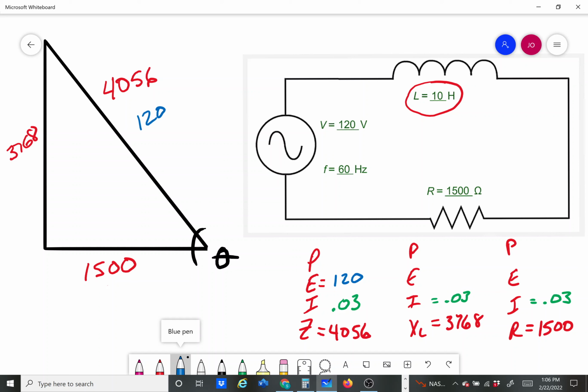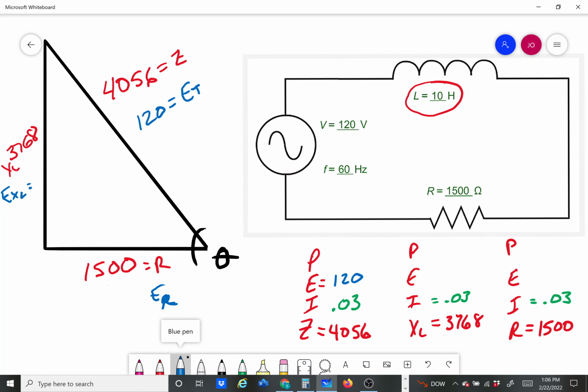So this 4056 is because of impedance, and this is XL, and this is R. This one here is E total, or source voltage. So now I'm going to have my resistive voltage here, and my reactive voltage over here.